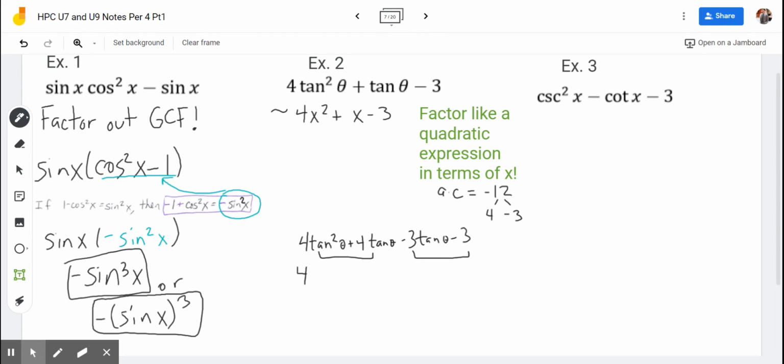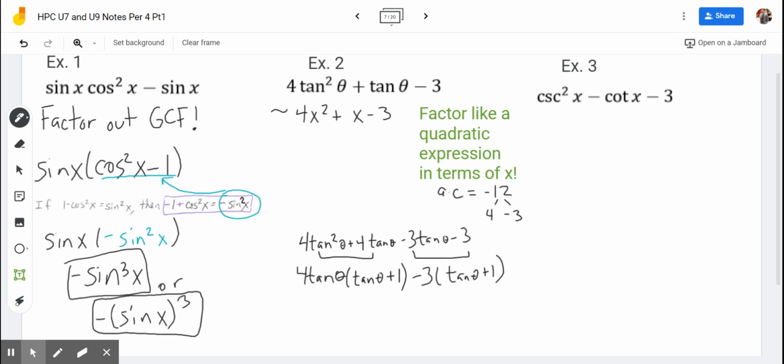So 4 tan squared plus 4 tan, we can factor out a 4 tan theta, and we'll be left with tan theta plus 1. Then from these two terms, negative 3 tan theta minus 3, we can factor out a negative 3 times tan theta plus 1.